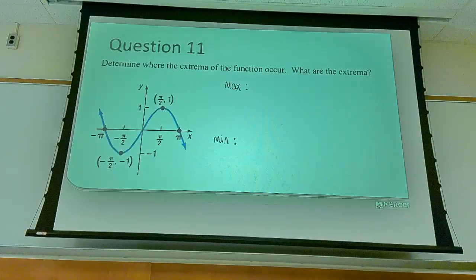The minimum occurs at negative pi over 2, with a value of -1. And then the maximum is at pi over 2.